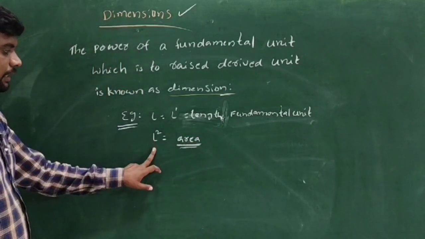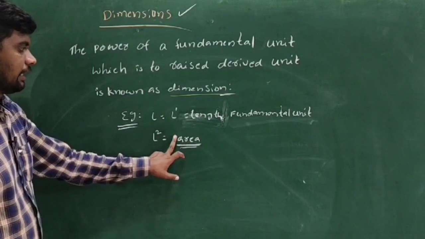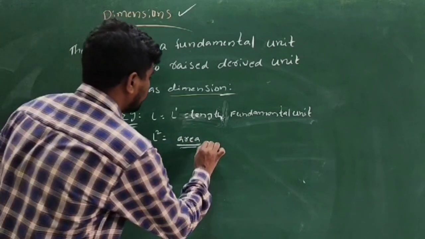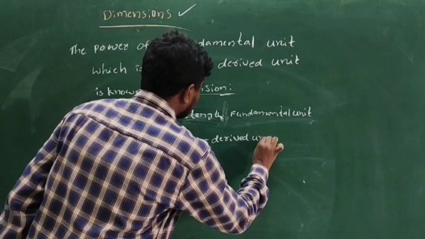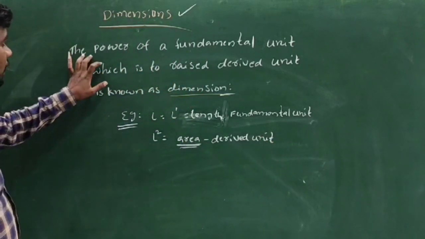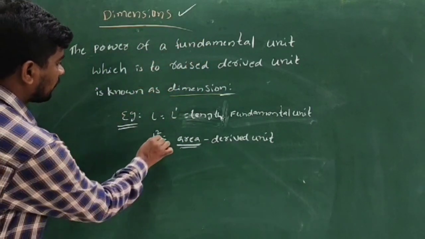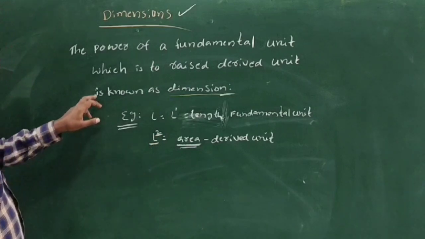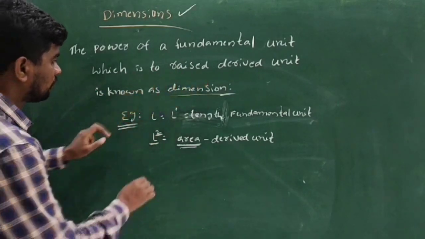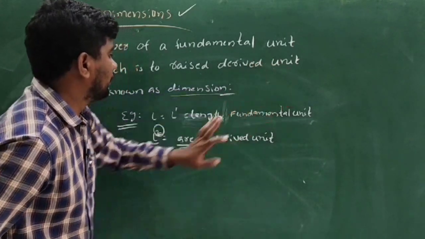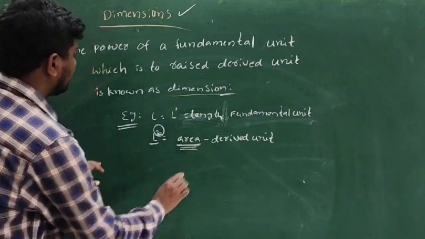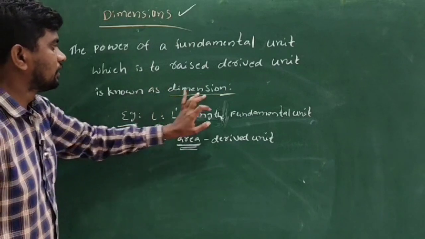L is the fundamental unit, the power is raised, and area is a derived unit. The power of a fundamental unit which is raised, to give the derived unit area, is known as dimension.